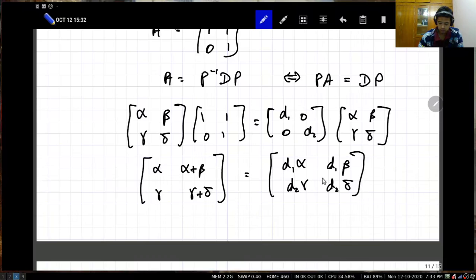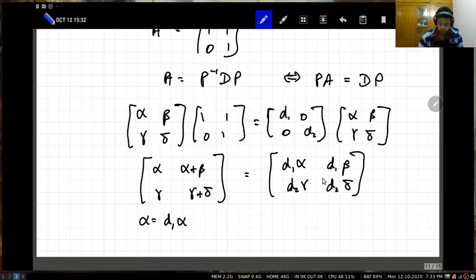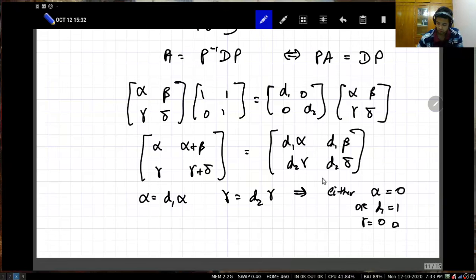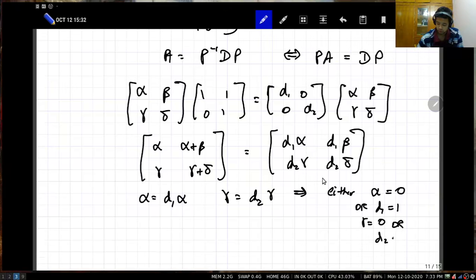So alpha equal to D1 alpha and gamma equal to D2 gamma must necessarily imply that either alpha equal to 0 or D1 equal to 1, and gamma equal to 0 or D2 equal to 1.